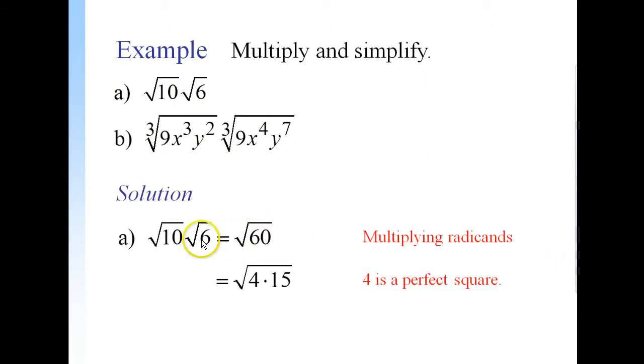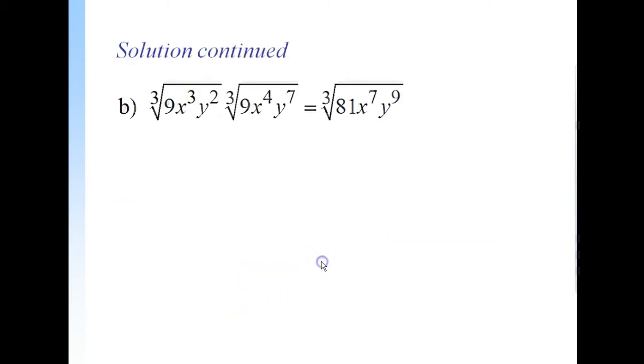And again, if you had just multiplied them, you would have gotten 60, and then 4 times 15, and then take the square root of 4, get 2, the square root of 15. And this one, you would have gotten this, and then out of that is 27 times 3, which is what I believe they're going to show you.